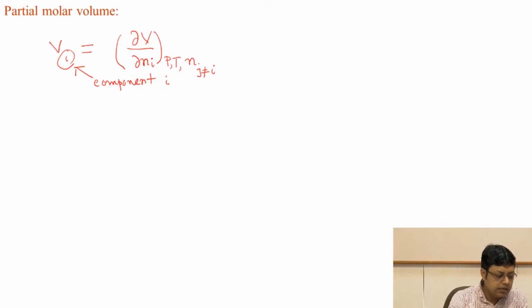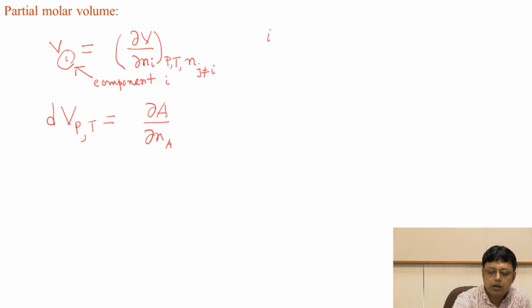Now, the total differential of the volume at constant pressure and temperature is as follows. Suppose I can be A and B, so it's a two-component system. In the example we gave, A was water and B was ethanol.